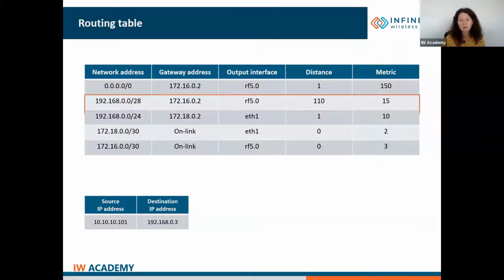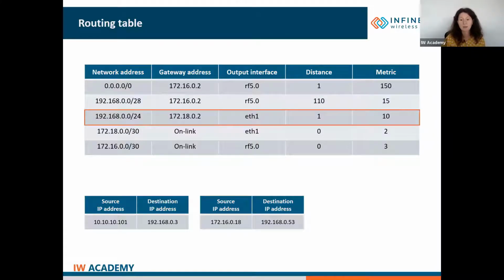In our case, 192.168.0.3 seems to match with both the second and the third entries in the routing table. However, the routing module will use the most specific match as we discussed. In our case, the most specific match is the second network in the routing table, as it has 28 bits matching with the destination IP address, while the third route has only 24 bits in common. So our packet will be sent through the RF 5.0 interface.